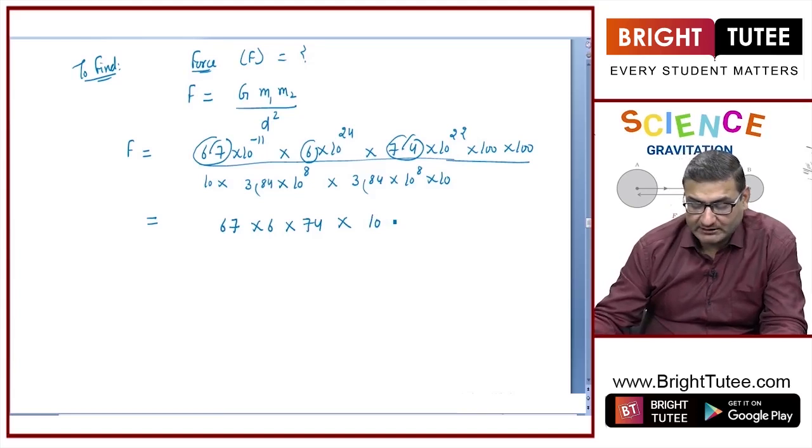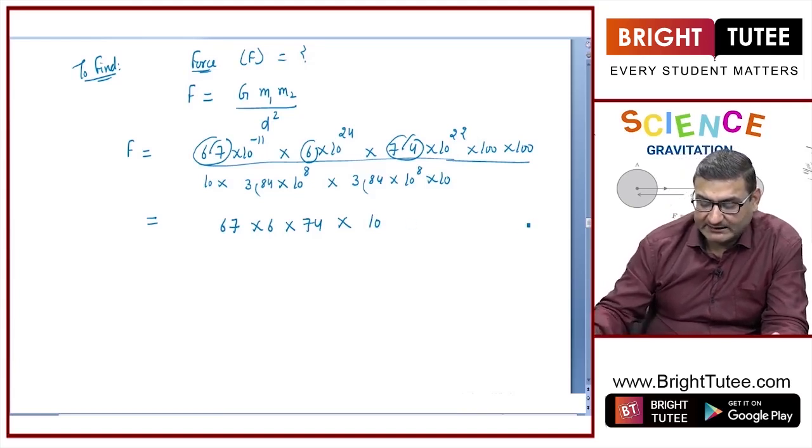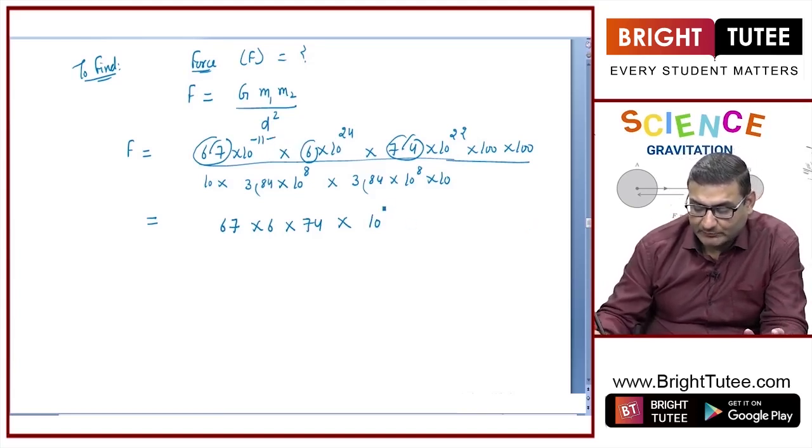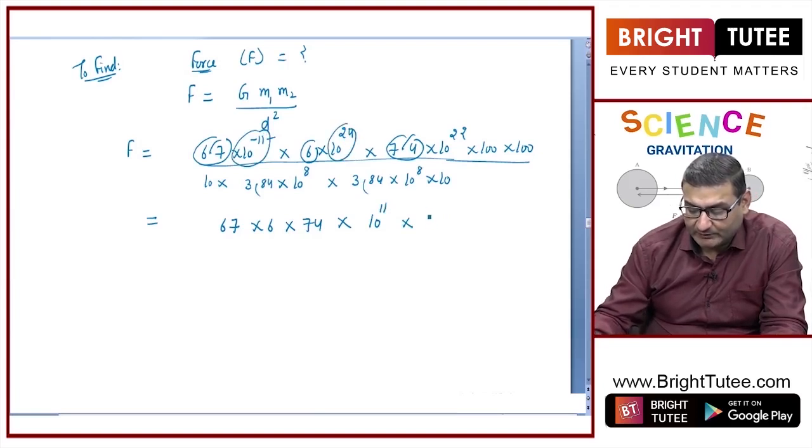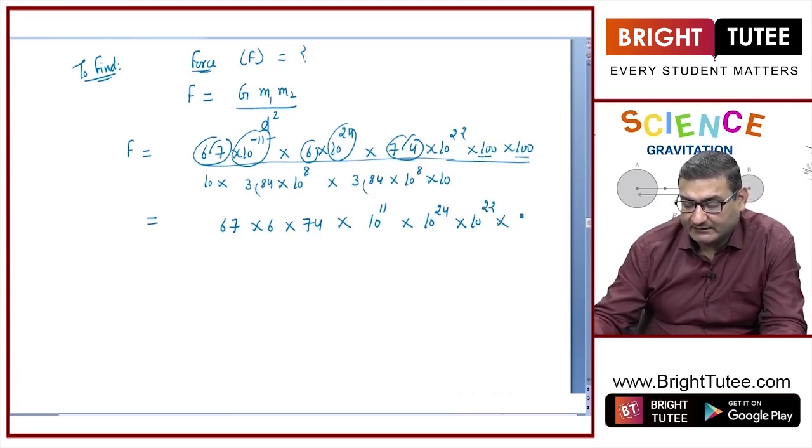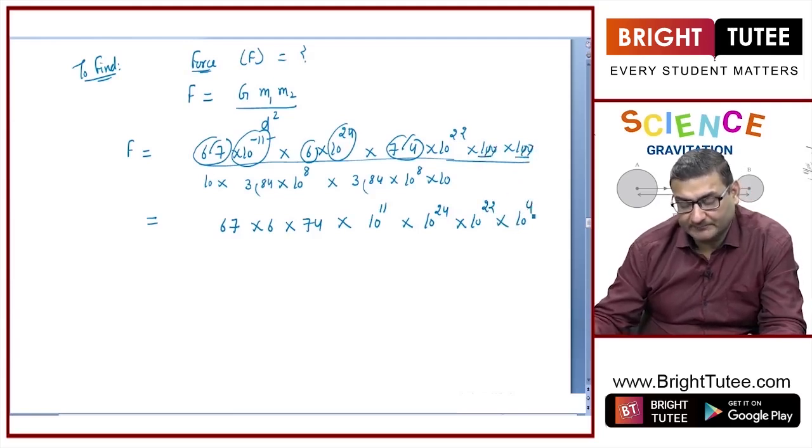Counting all the zeros together, I can write 10 at one place. This is 10 to the power minus 11, multiplied by 10 to the power 24, multiplied by 10 to the power 22, multiplied by, this is 100 and 100, I can write 10 to the power, there are 4 zeros. So, I can write 10 to the power 4 here.